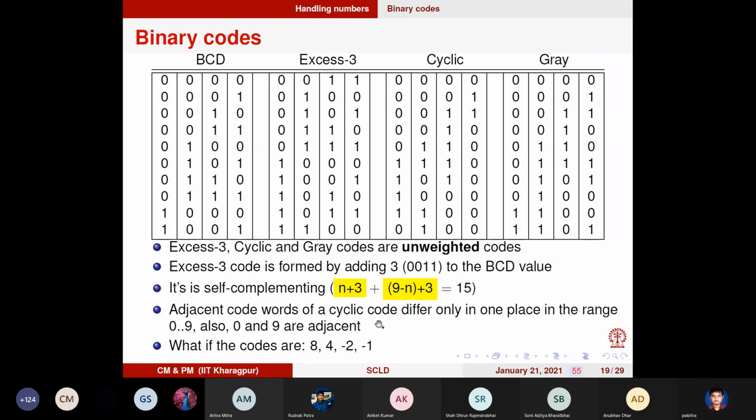What happens? Sir, can you once again explain what is exactly meant by self-complementing? I am confused in it. Okay, so you flip every bit, and the decimal number that corresponds to those transformed bits is 9 minus the original number.